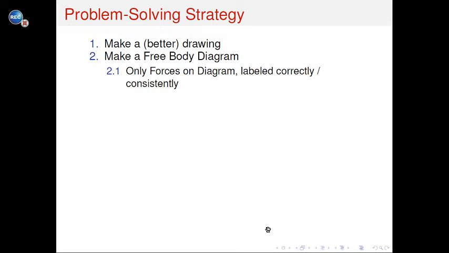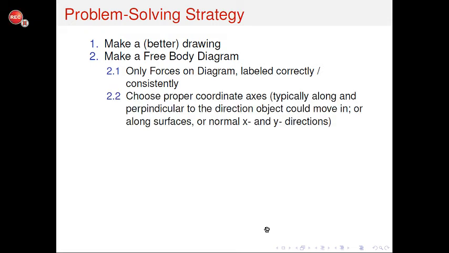Then once you make this free body diagram, and we'll practice it, you're going to want to choose some coordinate directions, and you don't necessarily want X and Y. That is an option, but oftentimes you have an idea of which way an object's going to move. Right? If I describe a problem that is a car rolls down a hill, you would like for the acceleration to point down the hill, parallel to the hill, along the direction of motion, and perpendicular as your coordinate directions, as your axes.